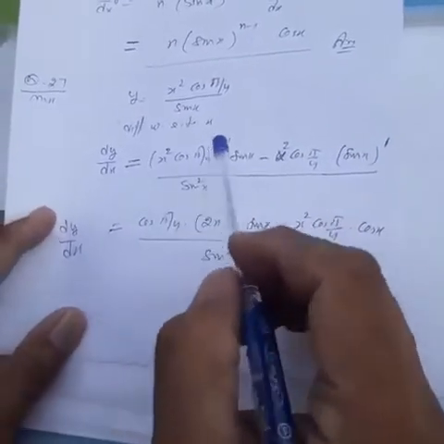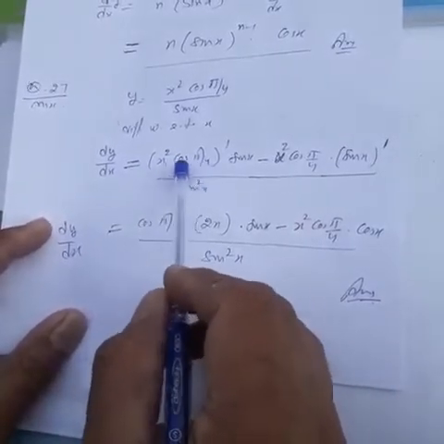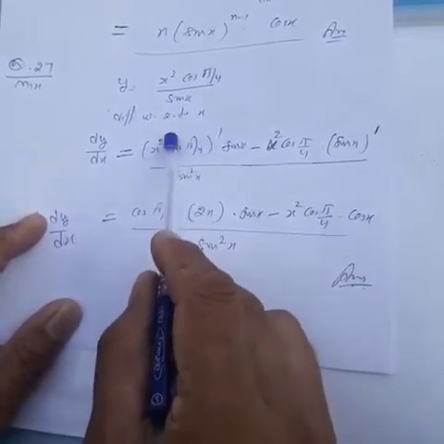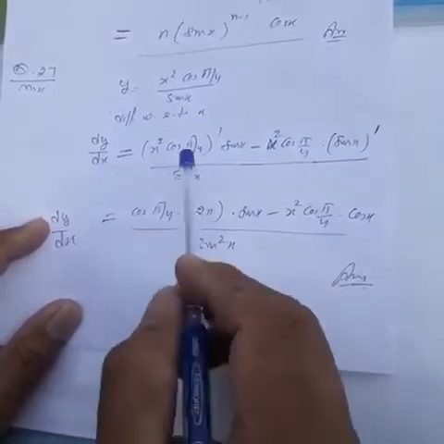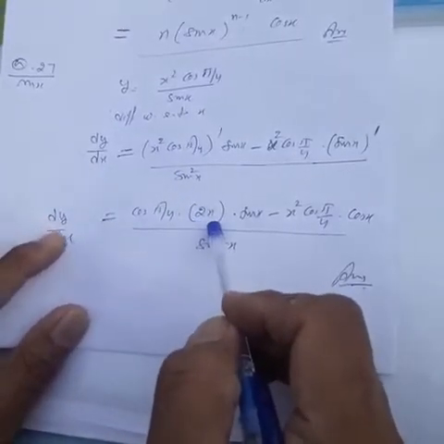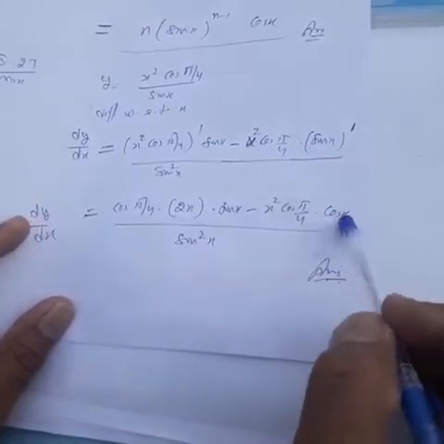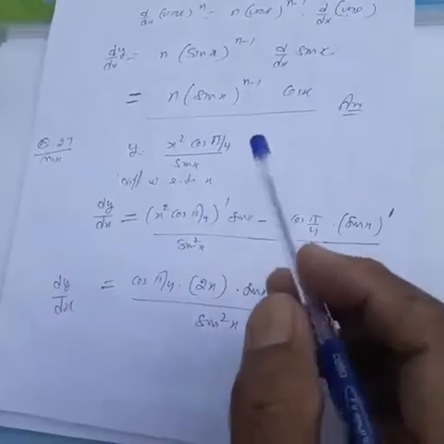So find its derivative. I am repeating, cos pi by 4 is the coefficient of x square, so treat this as any other constant like 2, 3, 4. So cos pi by 4 into the derivative of x square, which is 2x, minus the derivative of sin x, which is cos x. So this is the answer, the derivative of this using the quotient rule. I hope it is clear.